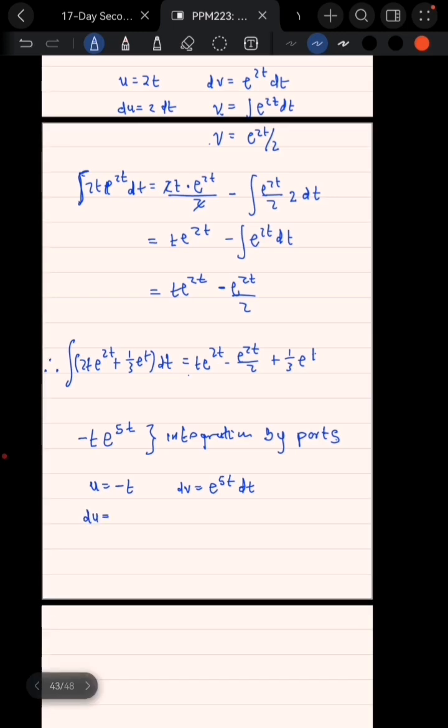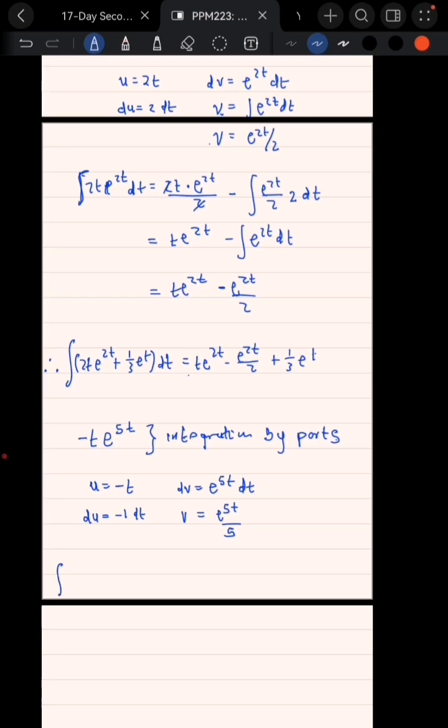The derivative of u in terms of t is minus 1 dt. v is equal to the integration of e to the power 5t, which is e to the power 5t over 5.